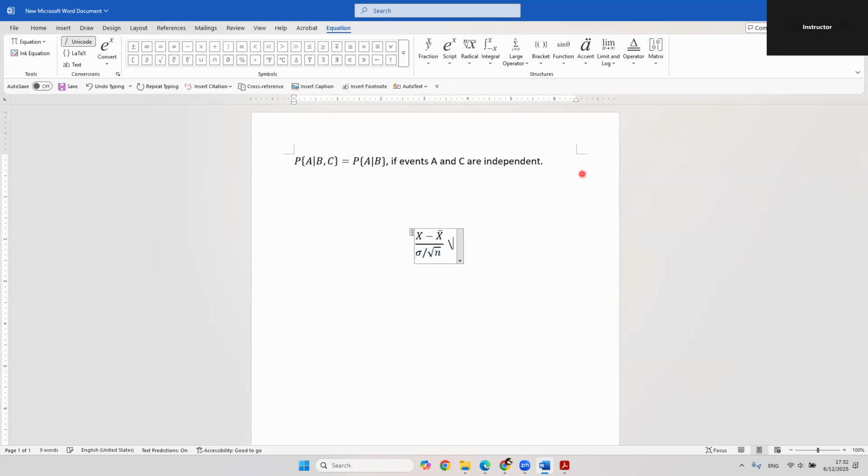This one always follows a normal distribution with mean mu and variance sigma square, because we typically estimate mu by X bar. So this one always satisfies.